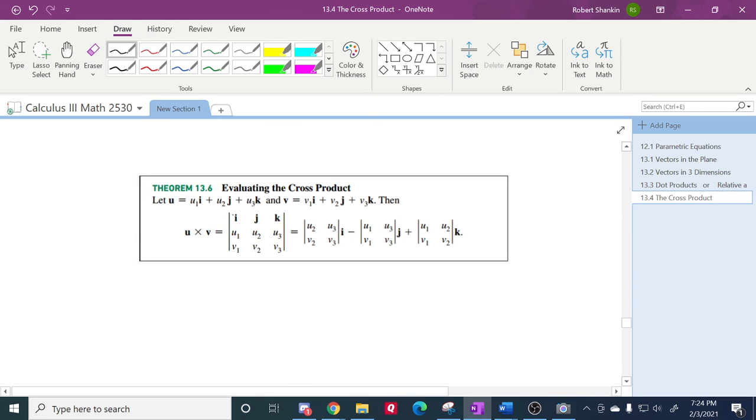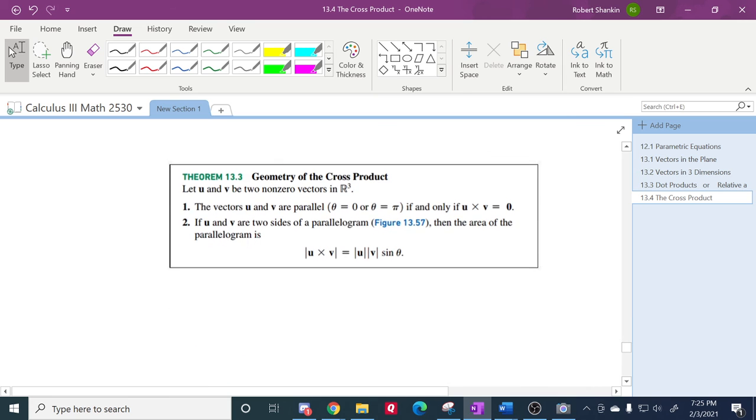Then you eliminate its row and column, and you're left with these 4. That goes here. And then minus, and normally the J would be up front, but we just turned it around here. You've eliminated this row and this column. You get U1, U3, and so on, like this. So this is the shortcut way that we evaluate cross products.